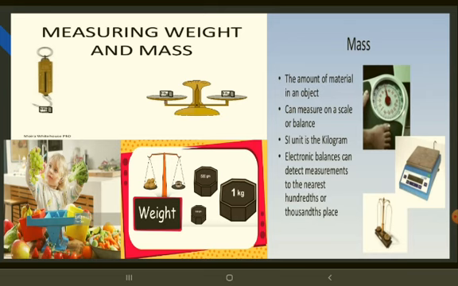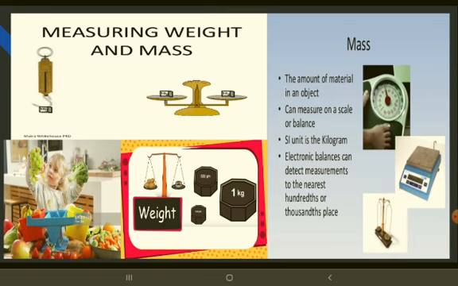Nowadays digital weighing machines are used to weigh various things. In olden days it was the weighing balance, as you see in the first picture. Nowadays digital ones are available, but both are available in the market.